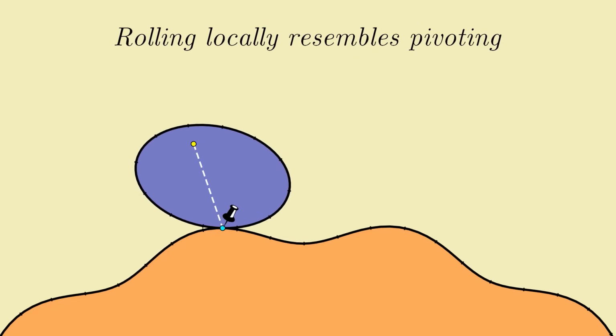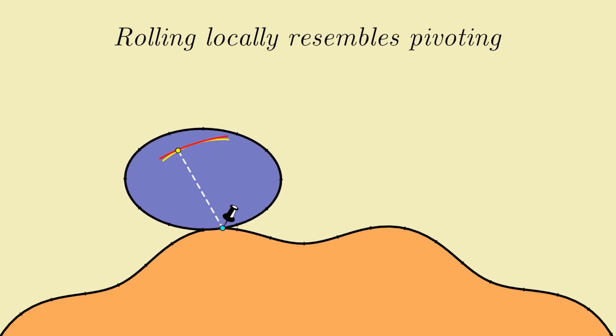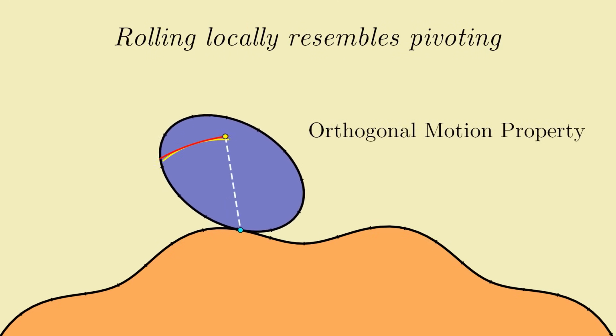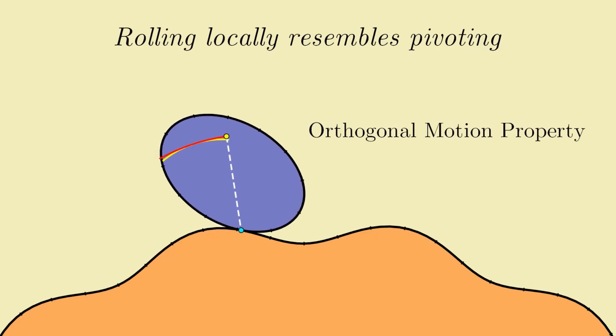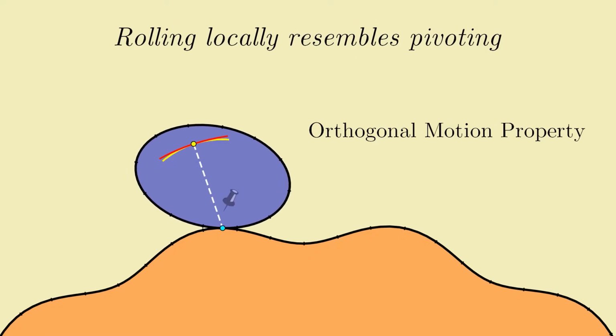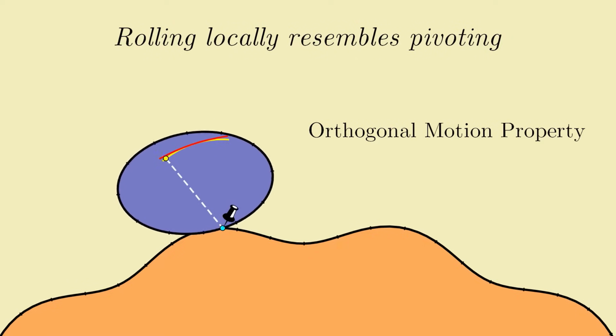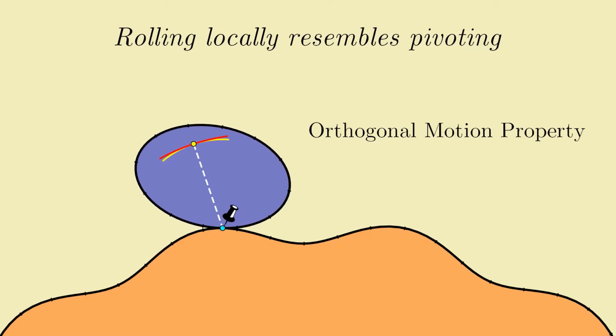But the idea is that for small movements, rolling the wheel and pivoting it about a point look similar. So you can think of the orthogonal motion property as arising from the fact that, for small movements, rolling looks like pivoting, and pivoting means all points move in a direction perpendicular around the anchor point. For this reason, I sometimes like to call the orthogonal motion property the pivot principle.